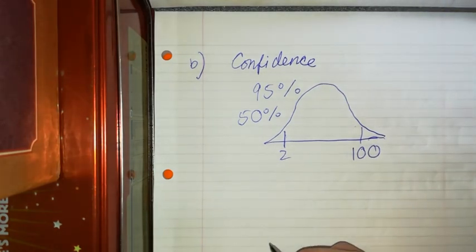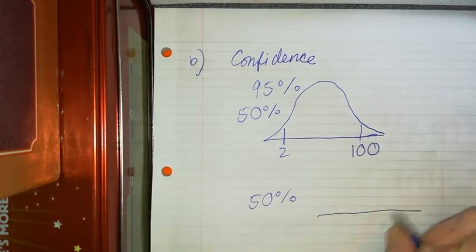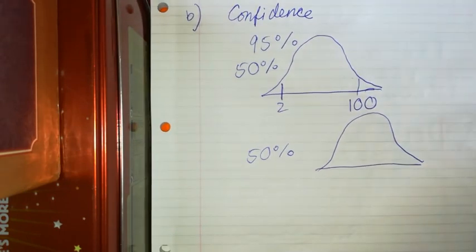So say if we had 50% of the time the values lie between a certain number, and we increase our confidence level, it doesn't necessarily imply a wider interval.